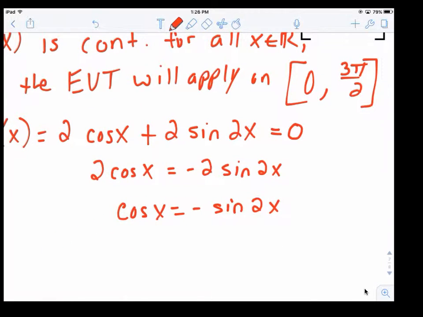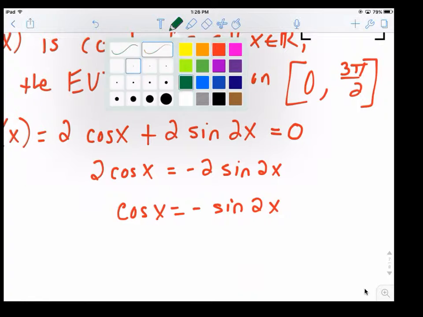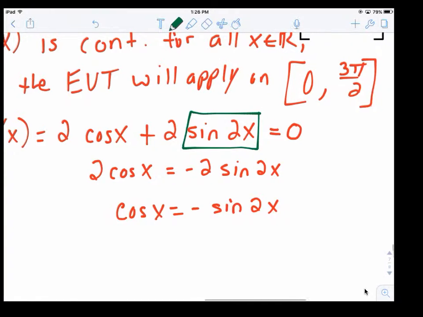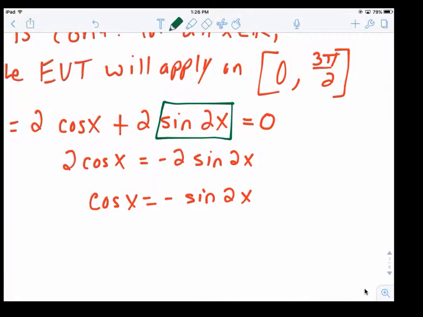All right. What is sine of 2x turn into? Are you just saying things?